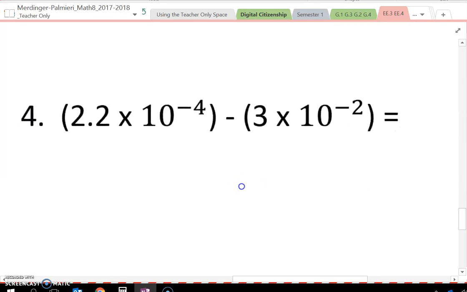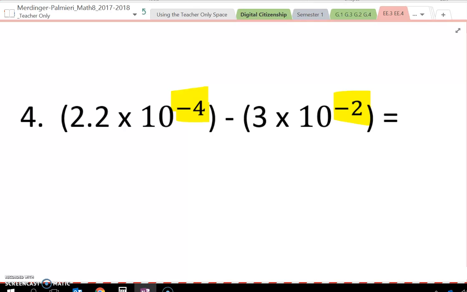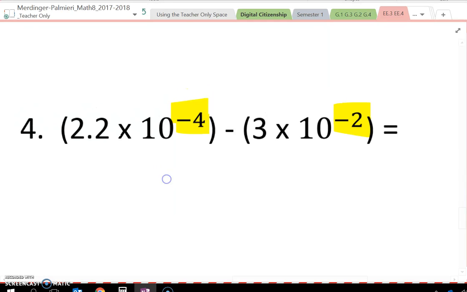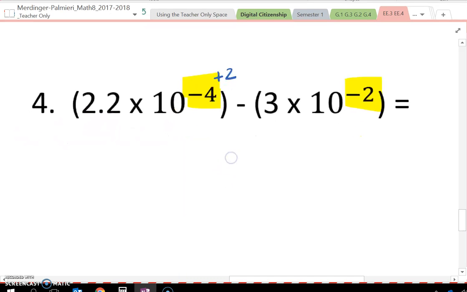Let's go ahead and look at number 4, which is our last example. Looking at our exponents of -4 and -2, my smaller exponent is the -4. So I am going to turn a -4 into a -2, and we do this by adding 2, which means I want to add 2 decimal places.